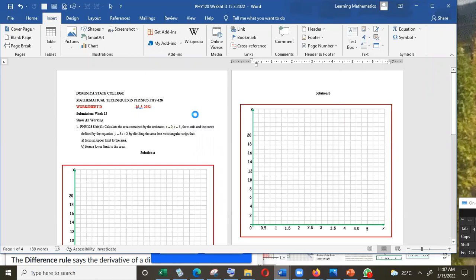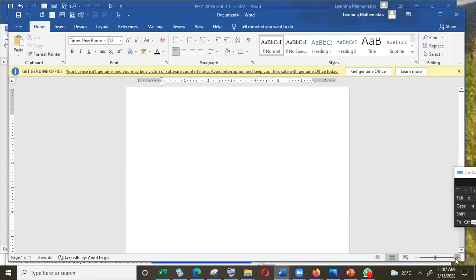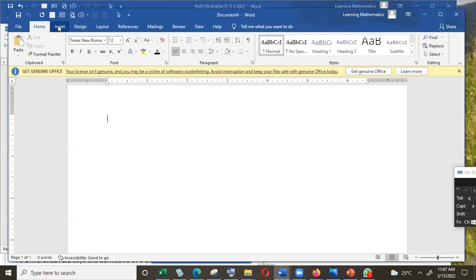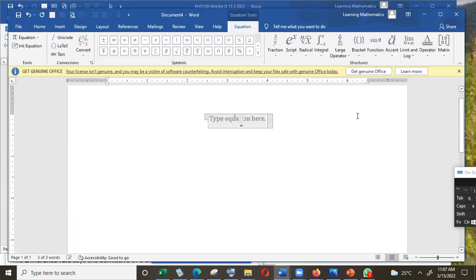Take, for example, you've got a function called y. y is equal to 5x raised to the power of 4 plus 9 sine of x.